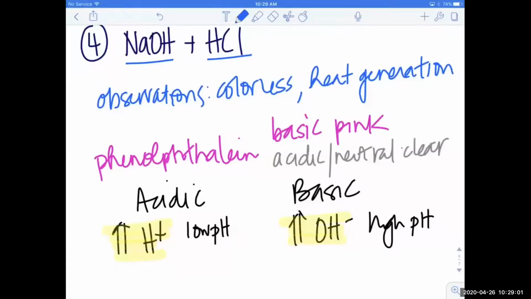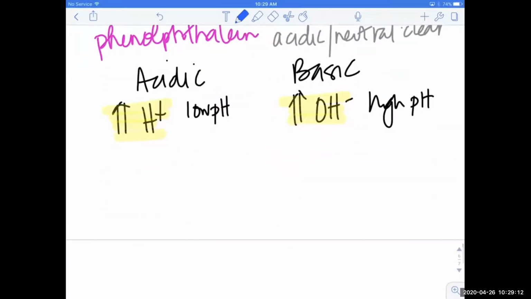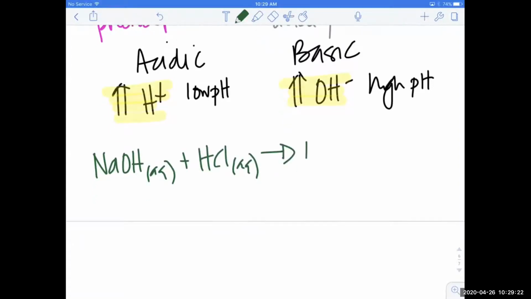So here are just some notes on acids and bases. And so you want to say that it remained colorless, right? The pink there is just the pH indicator. It's not actually a color change. So let's go ahead and write out our balanced chemical equation. This is going to be NaOH aqueous plus HCl aqueous. We know that neutralization reactions are always going to make water and a salt, right?